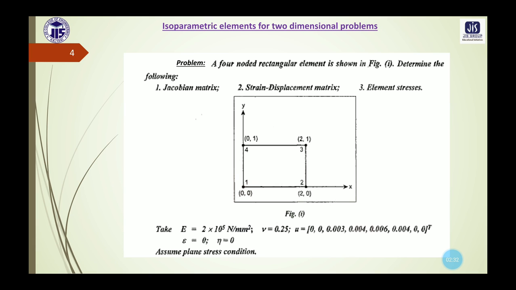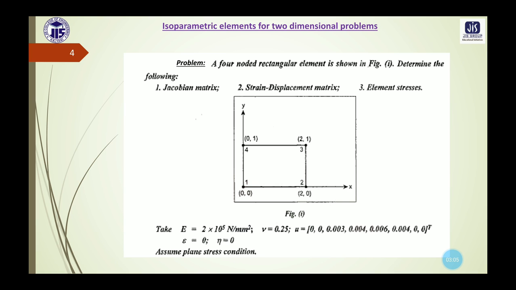Some data are given here, like the Young's modulus E equals 2 into 10 to the power 5 Newton per millimeter square, then nu equals 0.25, the U vector or U matrix is given, then epsilon and eta at local coordinates are given as 0, and it is told that we need to assume plane stress condition.